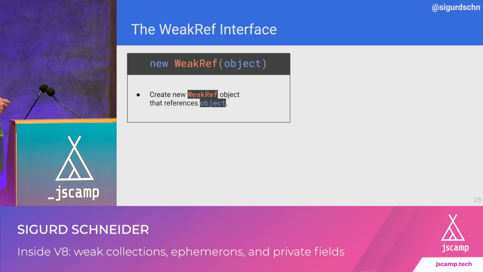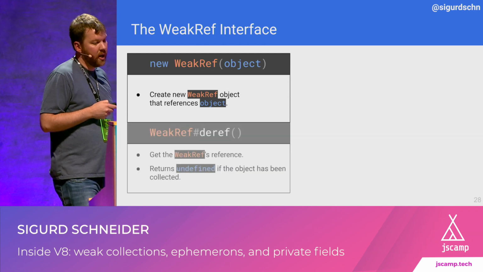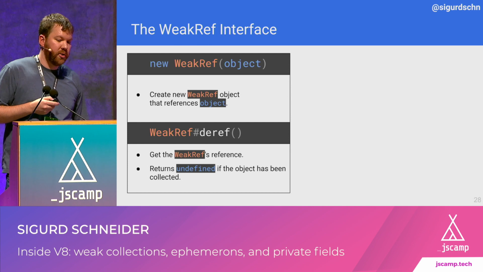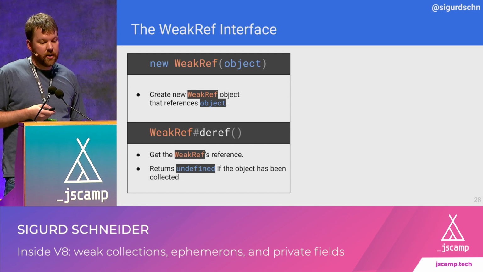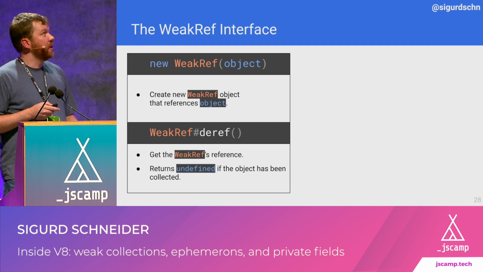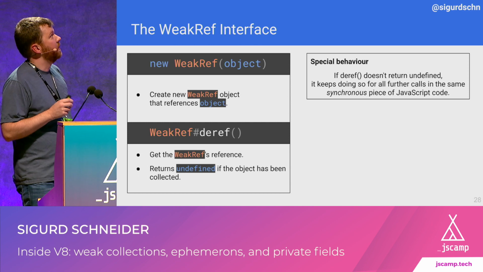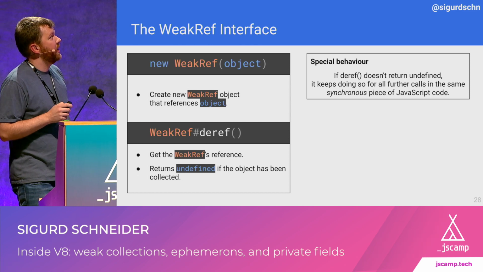So here's the interface for weak refs. You have a constructor where you can wrap a reference, and you have a deref operation, which gives you the reference that is stored in the weak ref or undefined if the object has been cleaned up in the meantime. There is some special behavior that is in the standard.